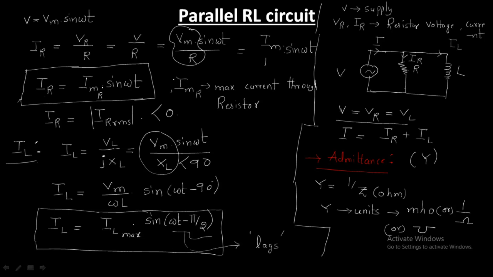So by using the current flowing through the resistor and the inductor, we can find out the supply current. In order to find the supply current, it is better to draw the phasor diagram.